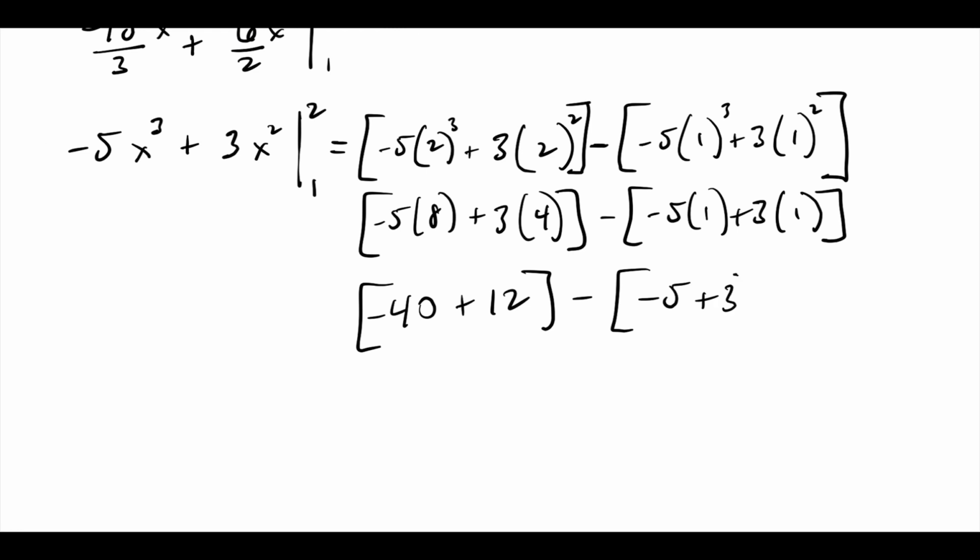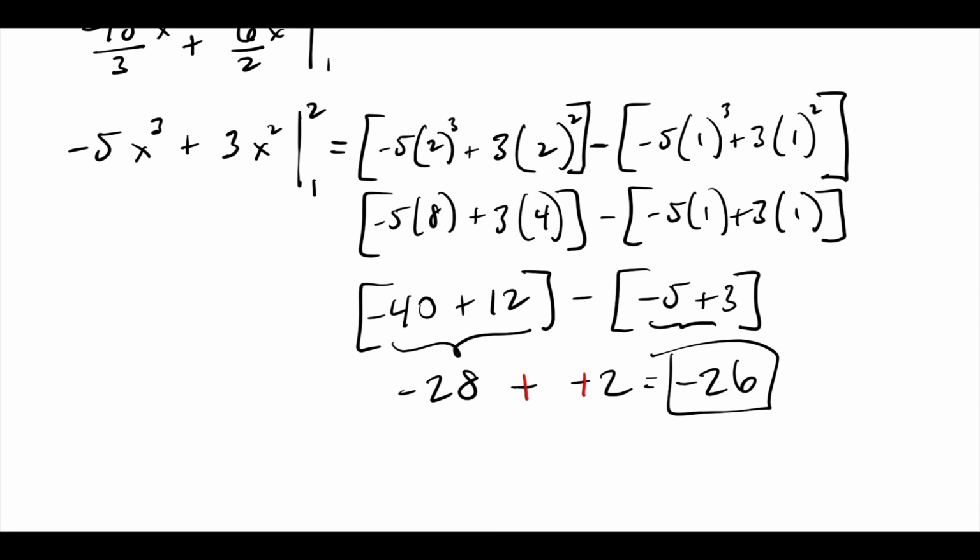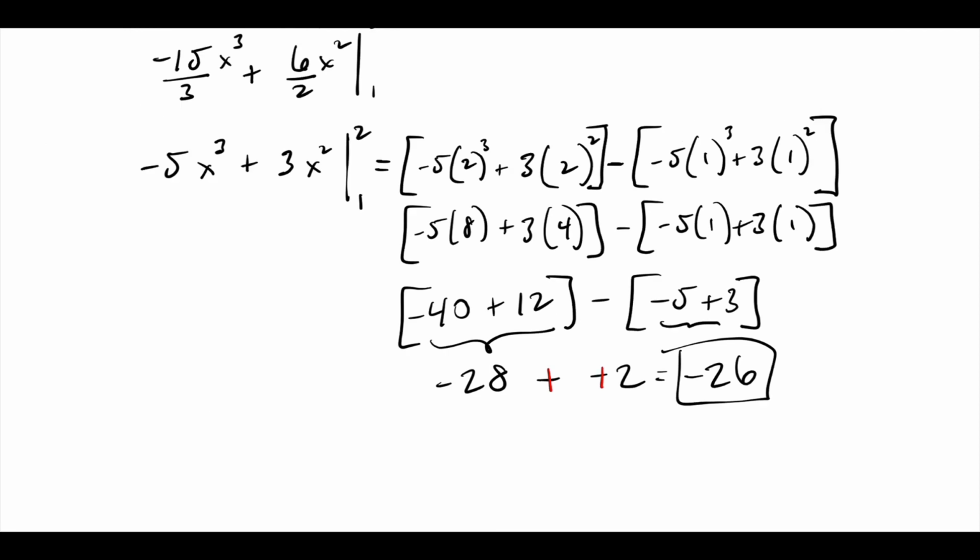Negative 5 plus 3. So negative 28 minus negative 2. Can't subtract a negative, so we change that to adding, and we get negative 26. Done. That's the area under the curve.